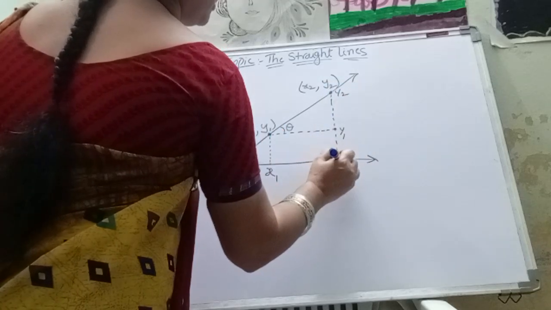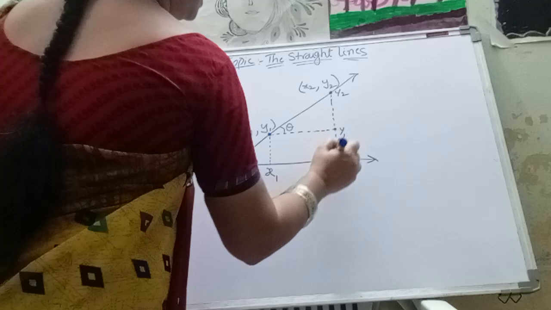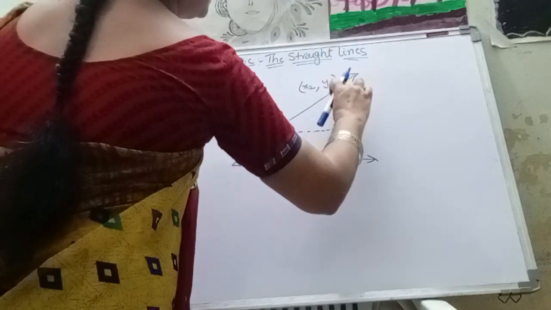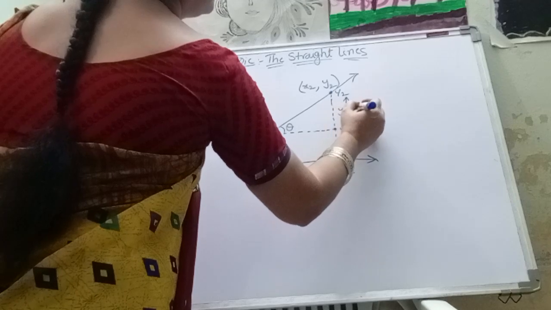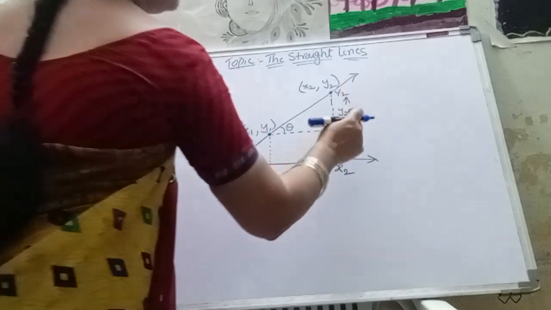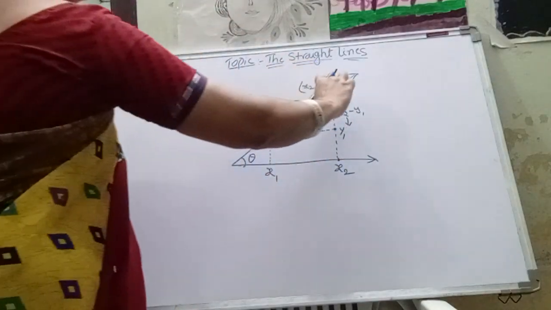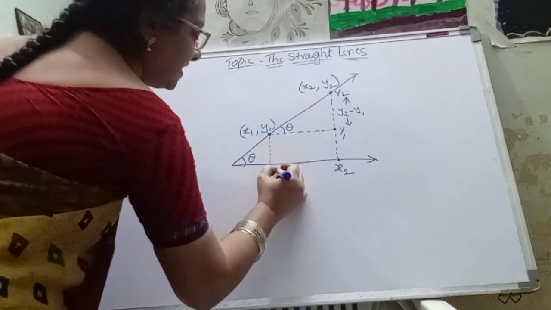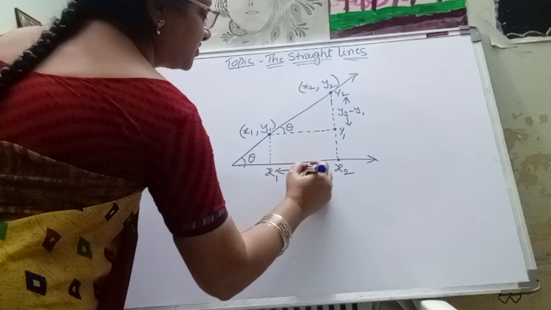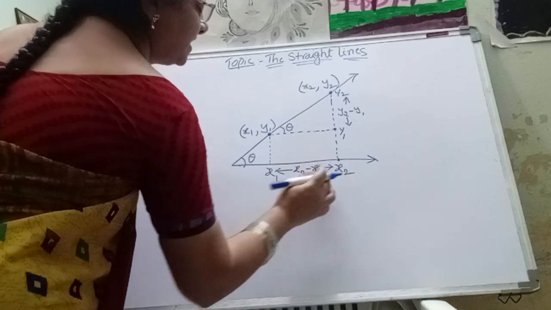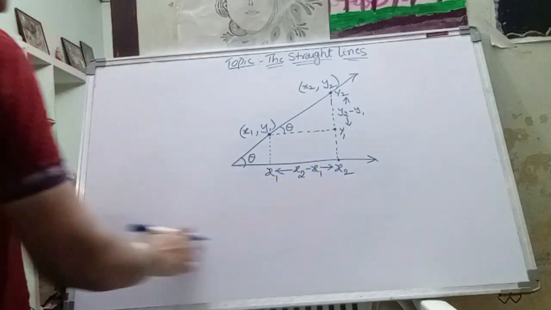What will you get in this gap? y2 minus y1. If you subtract y1 from y2, you will get the distance between y2 and y1. In the same way, the distance between x2 and x1, how will you get? x2 minus x1.